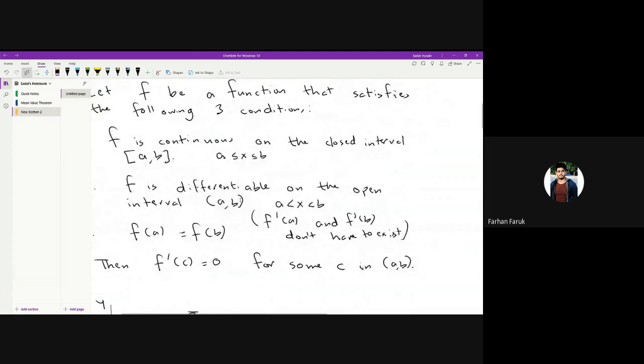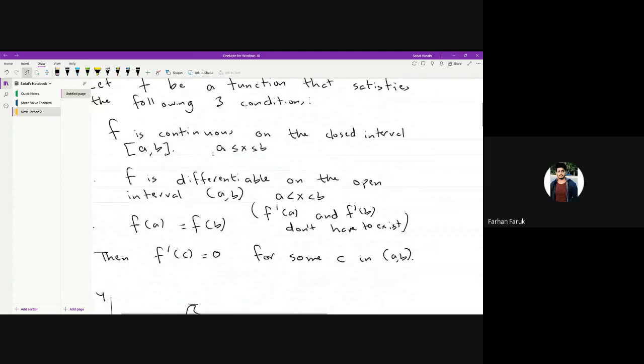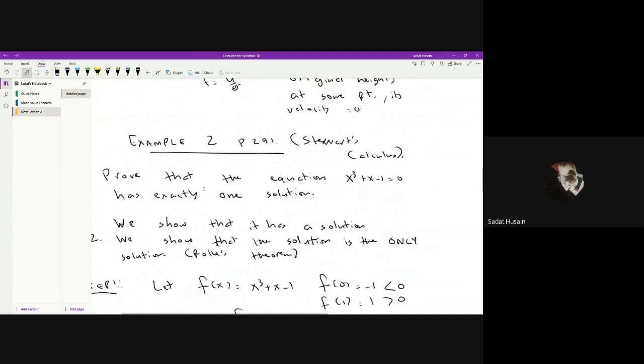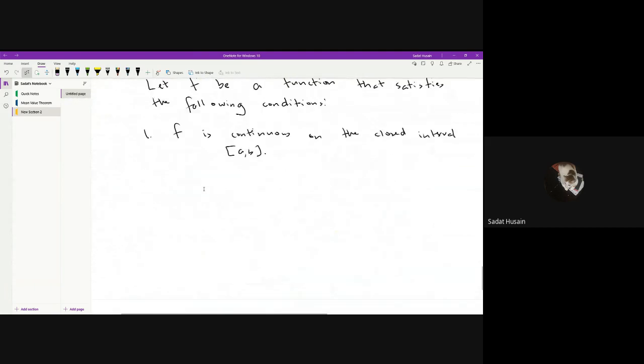This first condition is the same as the first condition for Rolle's theorem, right? In fact, the second condition is also the same.